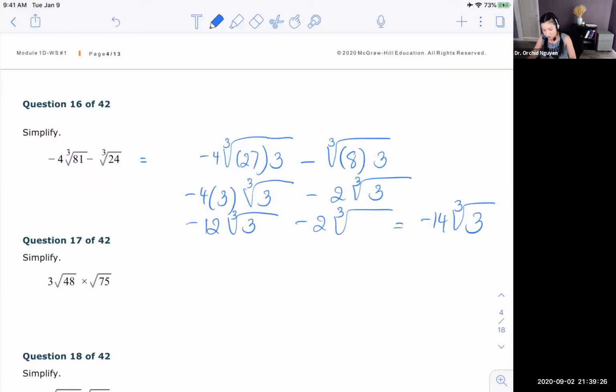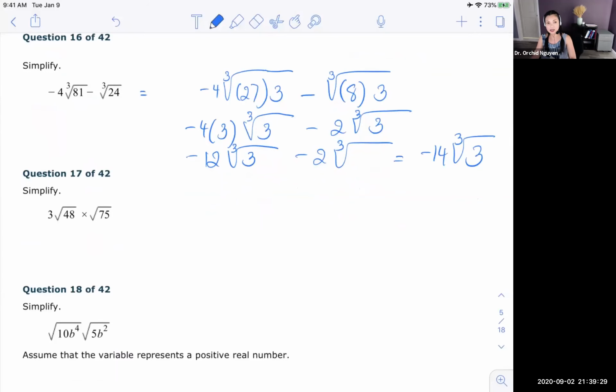Okay, so for multiplication, even though you can just multiply the radicands and take care of the square root, sometimes I simplify first before I multiply, because if you multiply 48 times 75, you end up with a big number. But in this case, that big number turned out to be really nice.